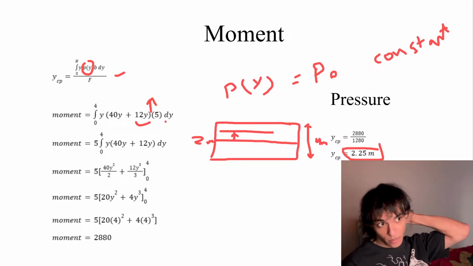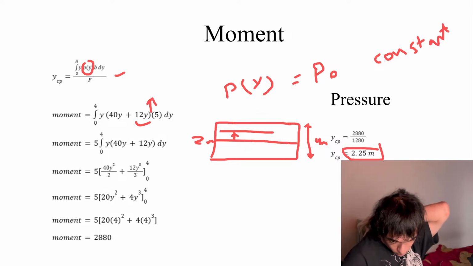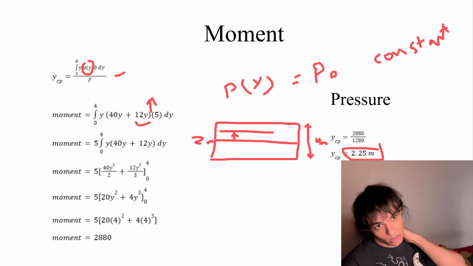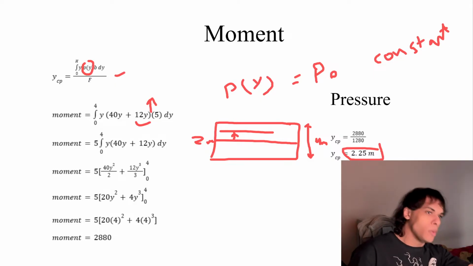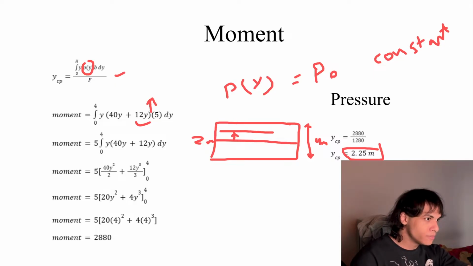So as we increase the height, the more pressure we're going to have. That's one thing. So more force at the top, putting more force at the top and shifting the center of pressure upwards.